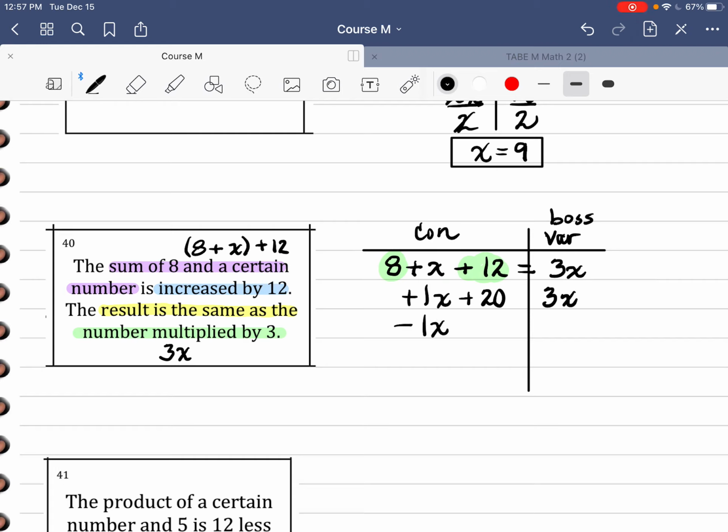So I'm going to move the 1x, and that leaves me with 20 on the constant side. That's a good thing. 3x minus 1x is 2x. Divide by the coefficient 2. So x is 10 for number 40.